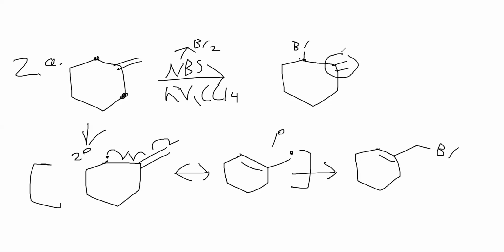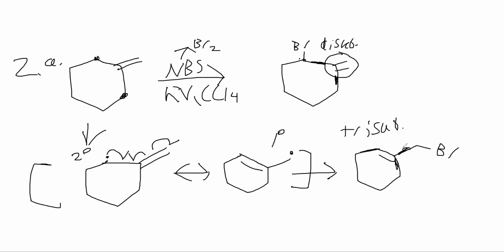So this alkene has two substituents on it. There's 1, 2, so it's disubstituted. But this alkene here that we got from the resonance form has 3 substituents, so it's trisubstituted.